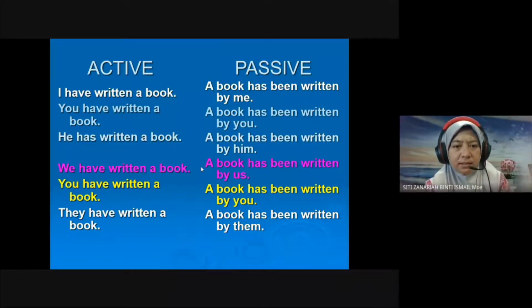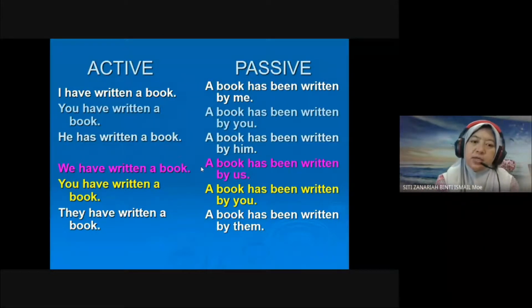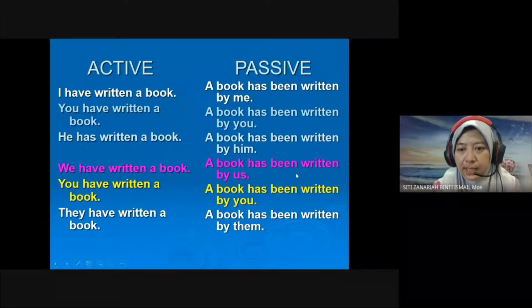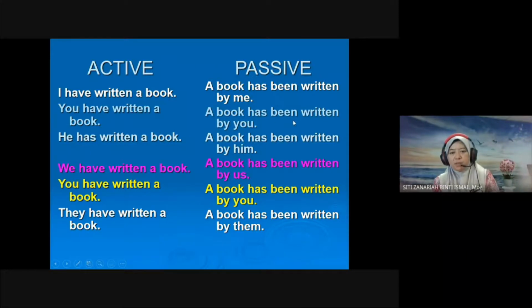For the passive voice of the present perfect tense, you have to use the past participle. And when it changed to passive voice, you add been. Has been written. You have written a book, a book has been written by you. He has written a book, a book has been written by him. You see the difference? Have and has been.